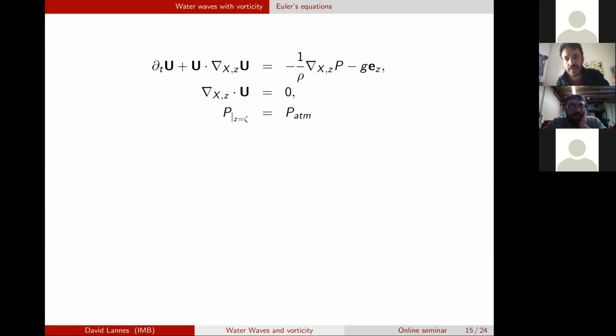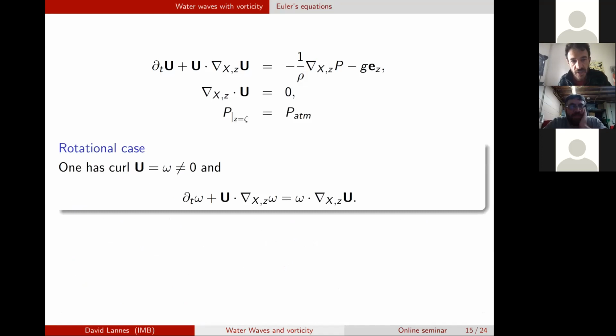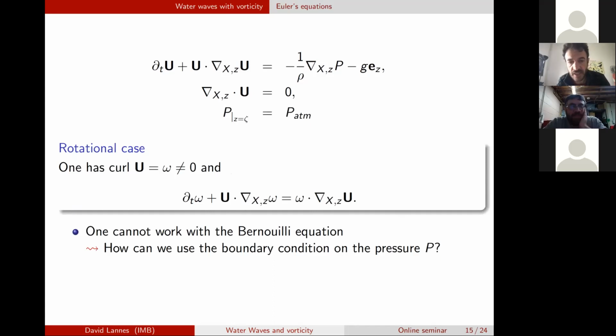Now in the rotational case, curl of u is some quantity omega, which is not zero. What we know about this omega is that it solves the vorticity equation: dt omega plus u grad omega is equal to omega grad u. But it's not zero, and we don't assume it is constant, so we cannot work with the Bernoulli equation.